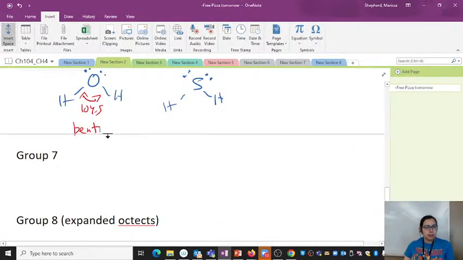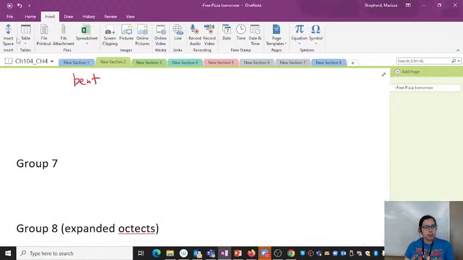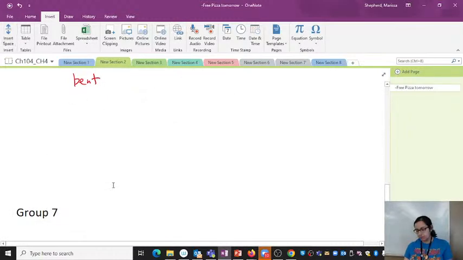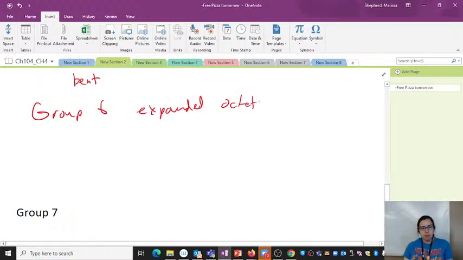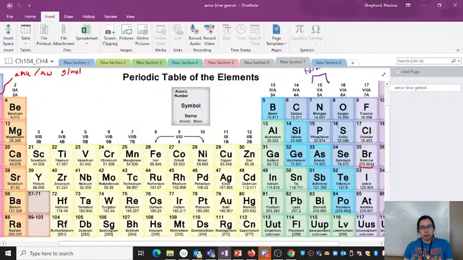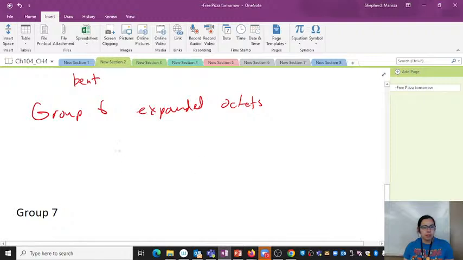But we could also have expanded octets for group 6. I would not expect to see any compounds with oxygen and 6 things attached to it. Oxygen is just too small. But SF6, that's a known compound.